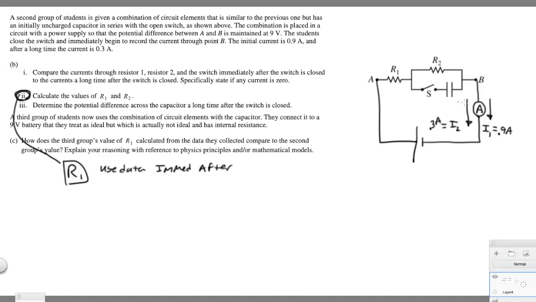So immediately after switch closes, as we said before, the full voltage of the battery is across resistor 1 because the capacitor has no voltage yet. There's no voltage across the capacitor, so that leaves all the voltage across R1.